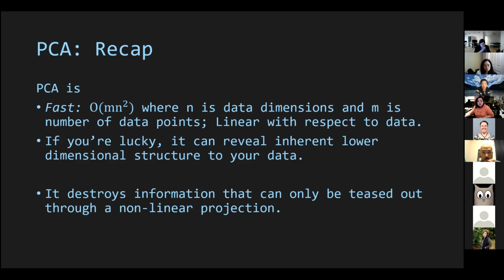But I was wondering, your second point is saying that if you're lucky, it reveals inherent lower dimensional structures. So that would be other drivers that don't have such a big impact like sex.